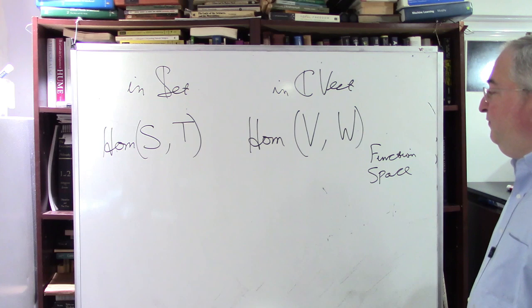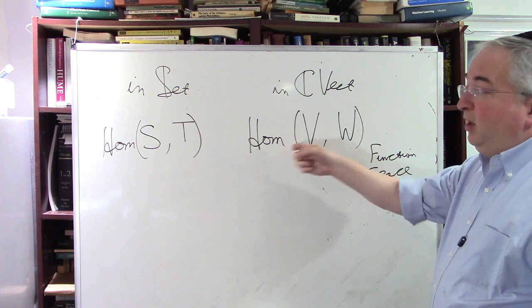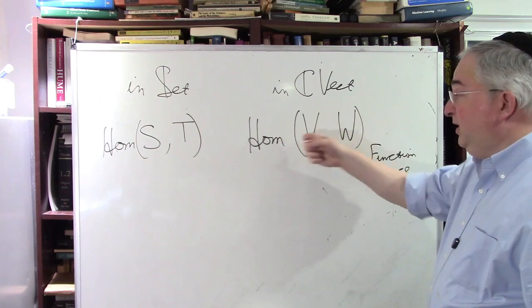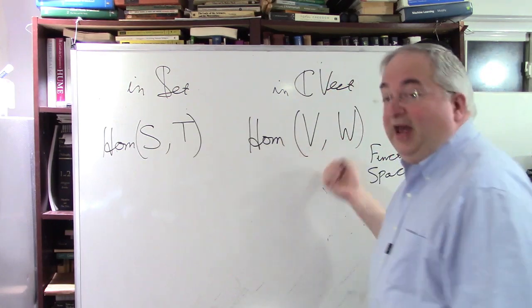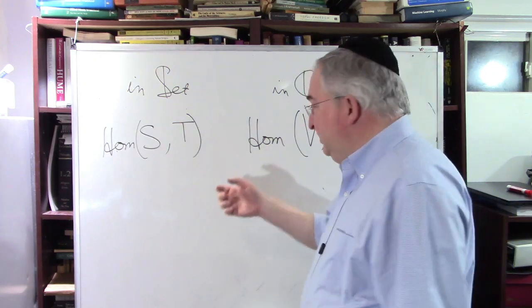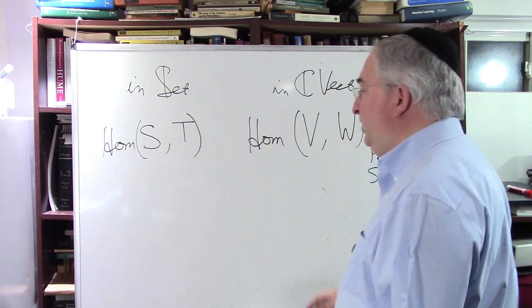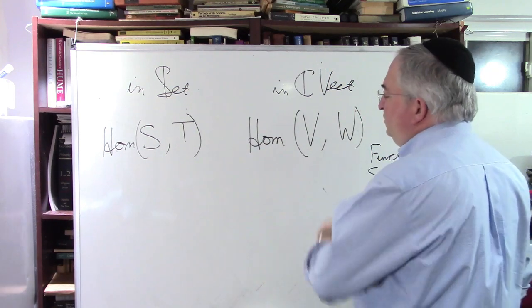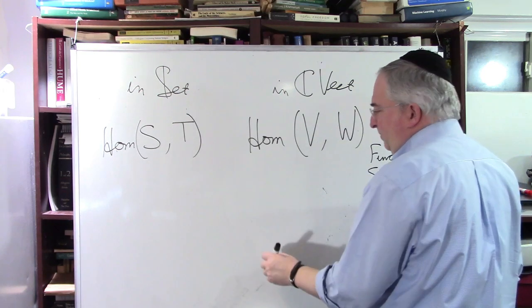Now, in vector spaces, we can look at this vector space and this vector space, and look at all linear transformations from here to here. It's not only a set of all linear transformations, but, you ready? It's also a vector space. What does that mean?